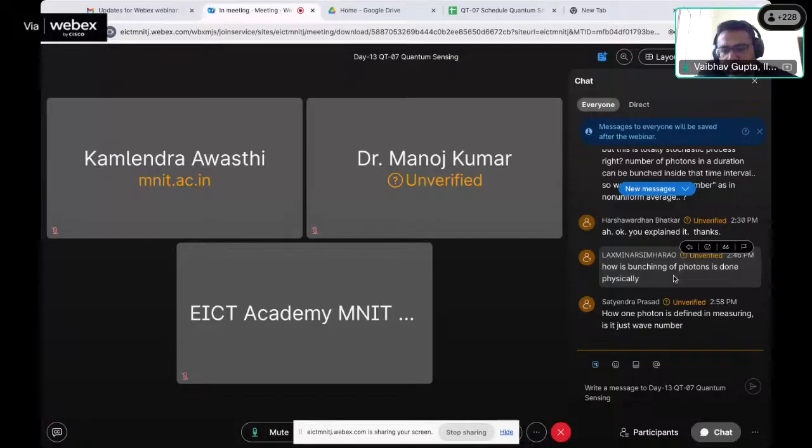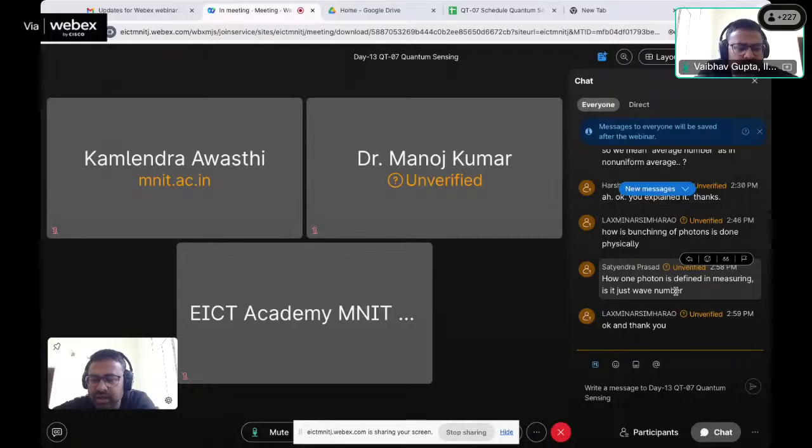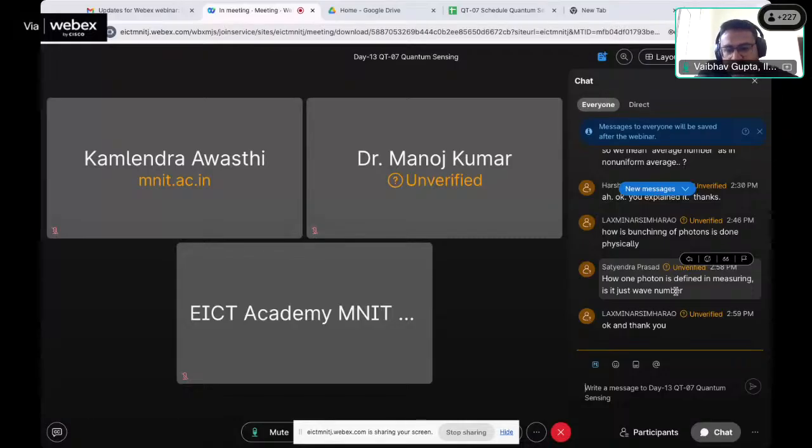How is one photon defined in measuring? Is it just wave number? Actually there is a process called the Hanbury Brown and Twiss interferometer, the HBT interferometer. So what you do is you take a beam splitter and send photons through it.